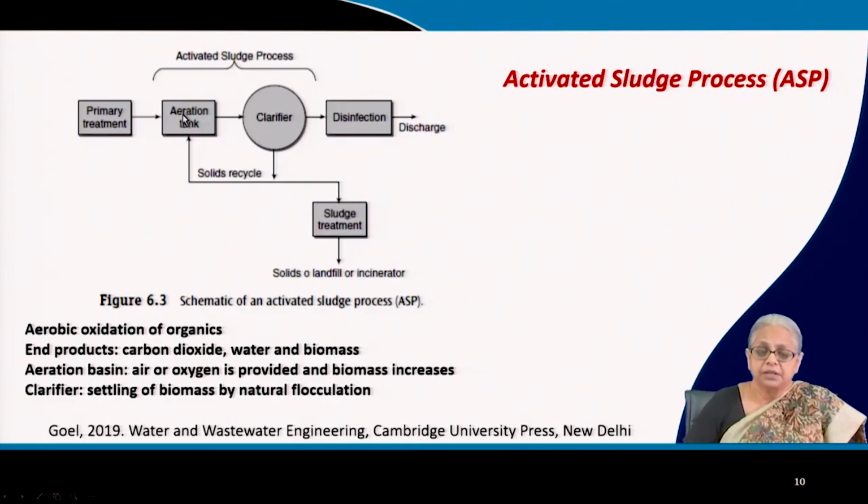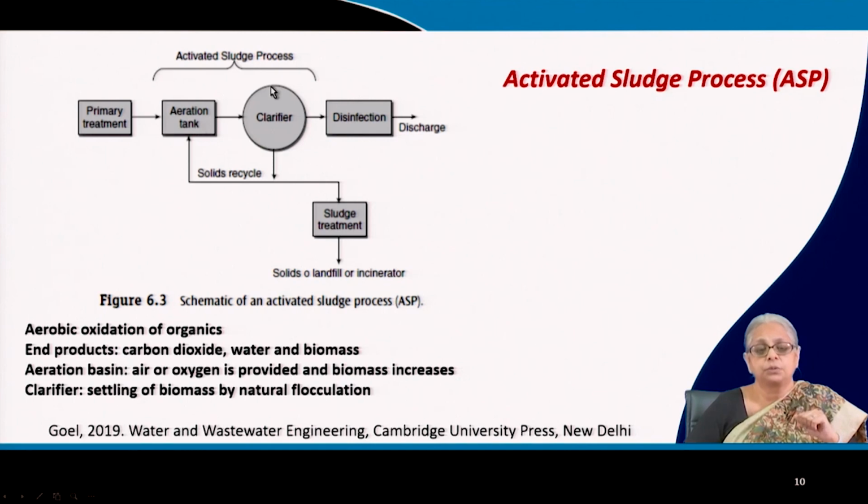So when air is added to the aeration tank, these microorganisms have literally everything they need to grow. So you get an enormous increase in the amount of biomass. So the organics in wastewater are now being converted to bacterial biomass, and the oxygen is consumed in that process.